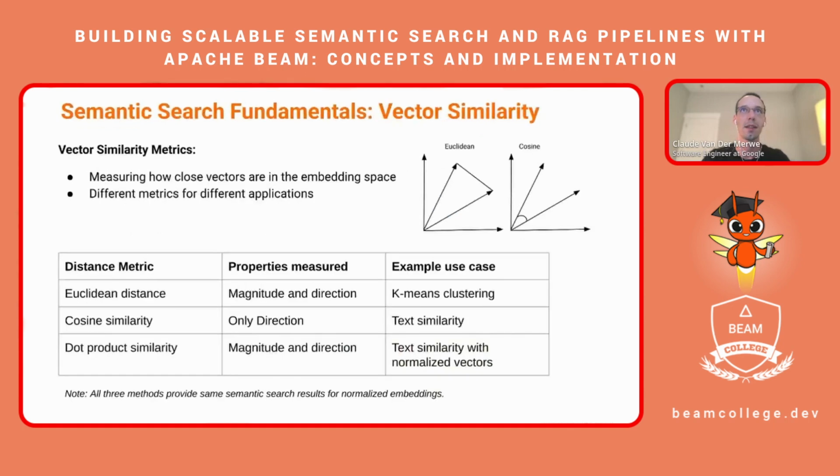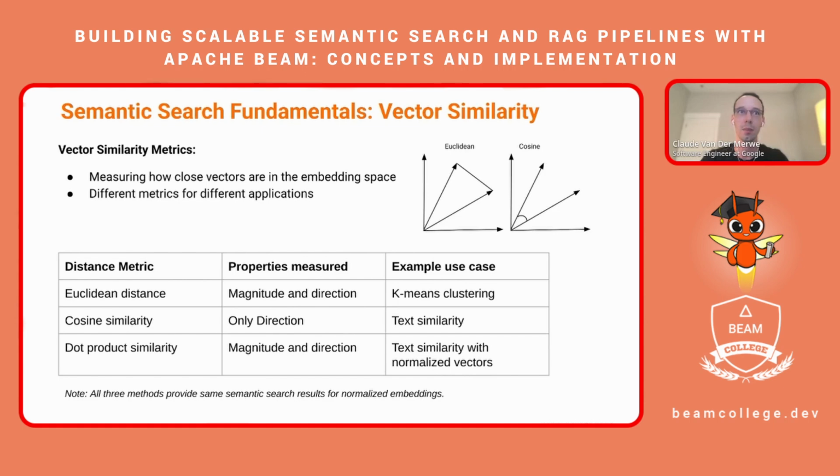All right, next, let's discuss some of the vector similarity measures that we can use to query embeddings. First off, we have Euclidean distance that measures the magnitude and direction. It's often used for k-means clustering. There's cosine similarity. It only measures the direction, the cosine of the angle between two vectors, often used for text similarity.